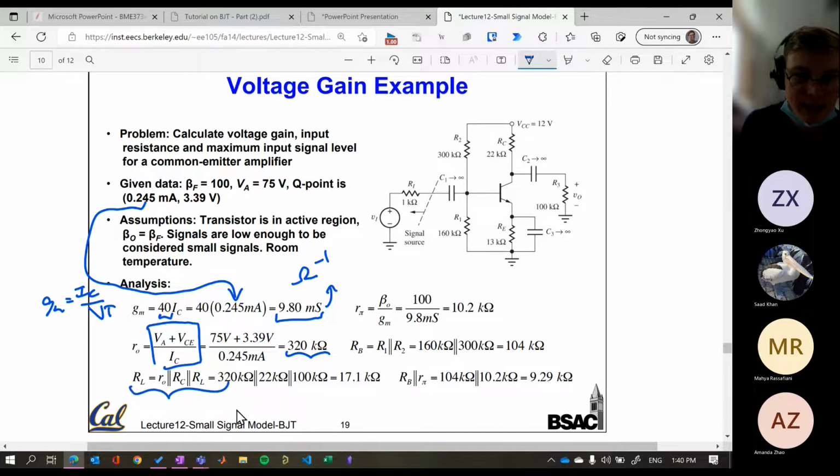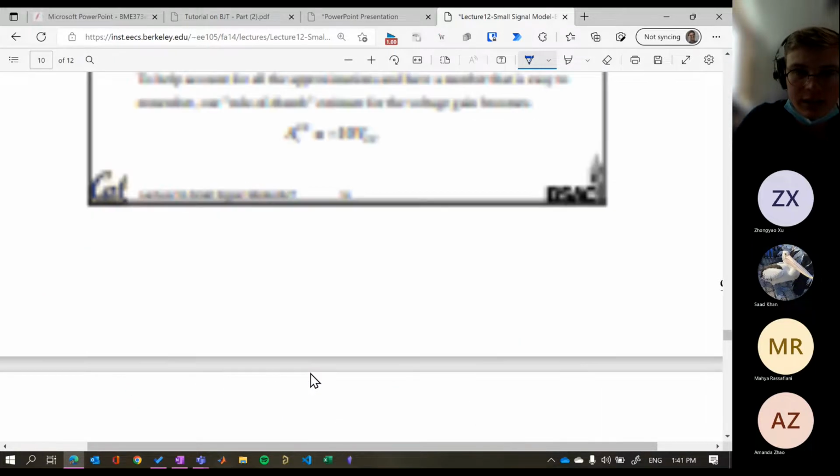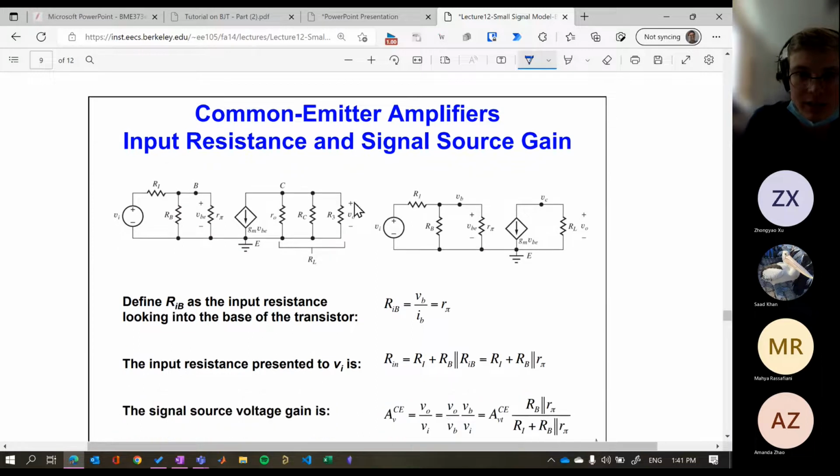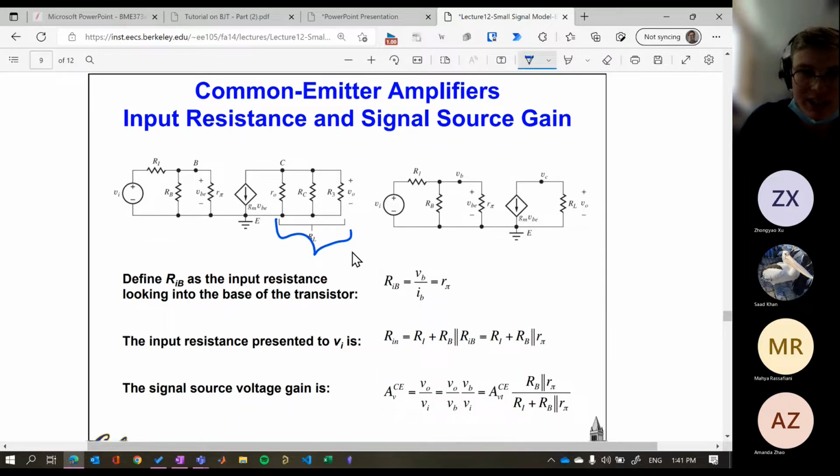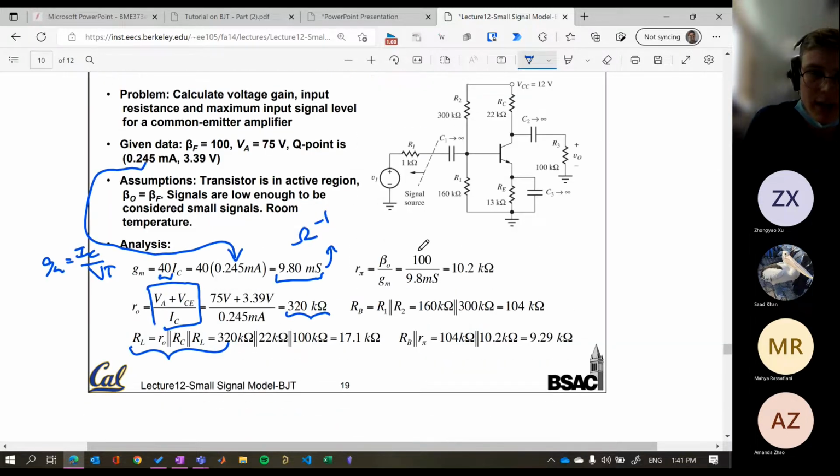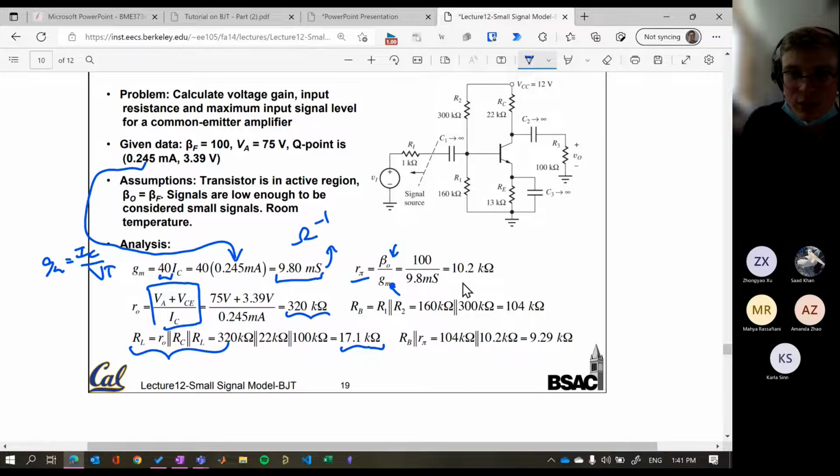Our load resistance is going to be those three in parallel. I'll take it back up to here. You can see it's those three in parallel. We're using that same setup, which is 17.1 kilo ohms. R pi is beta on GM. We've calculated GM. We've given beta of 100, 10.2 kilo ohms. Again, this is dependent on our operating point because GM is.